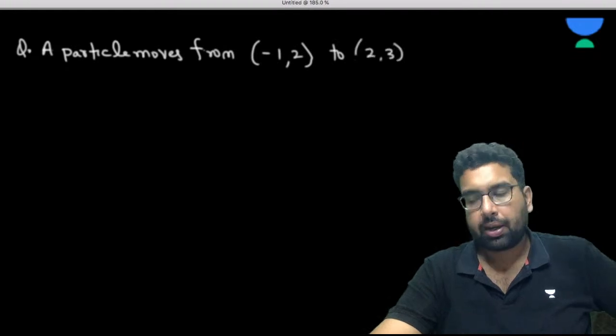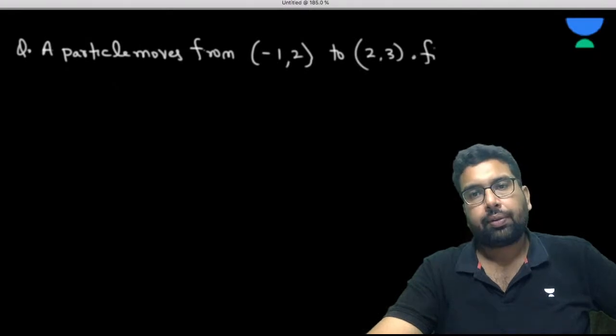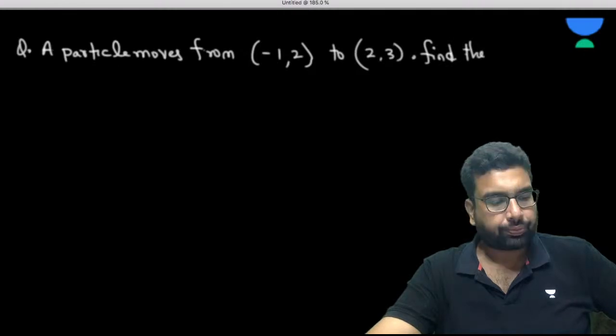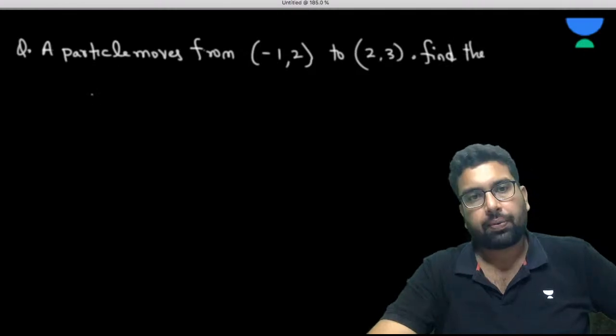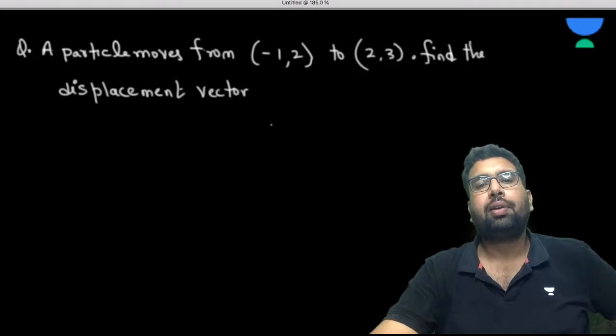Find the displacement vector. So basically a particle moved from one position to another, and you need to find the displacement vector.